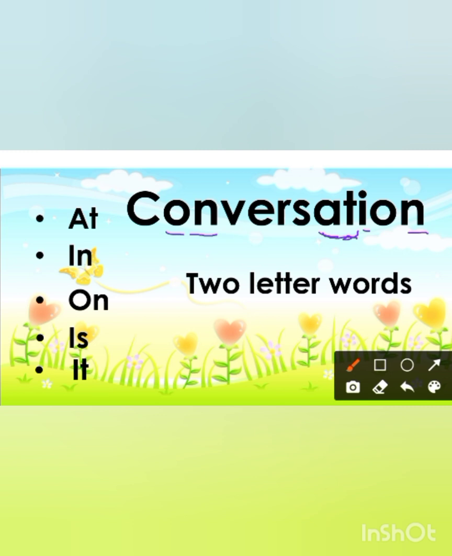Next is. Now again e and is. Next it. Now e and t, it. These are 2 letter words. If you want, so you can also see and create new words.